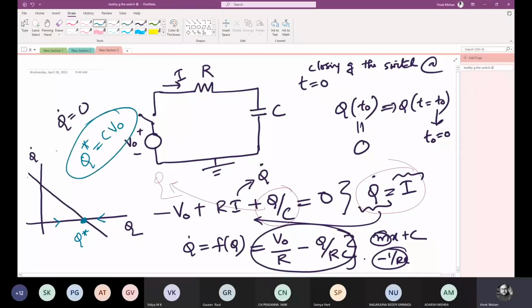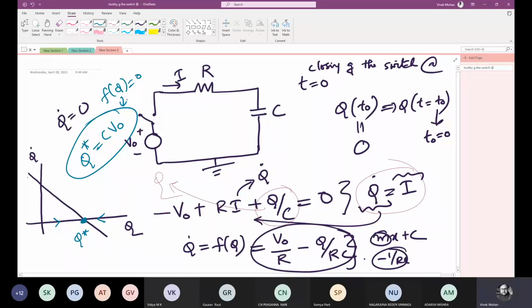F of q equals 0 happens when q star equals CV naught. So the flow is always towards q star, which is a stable fixed point.